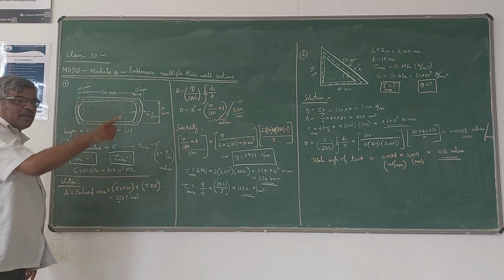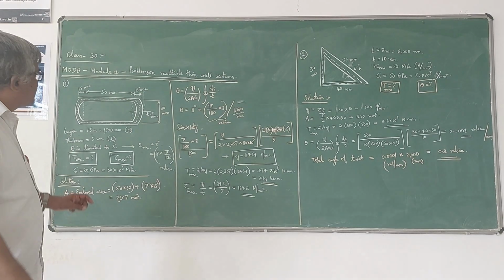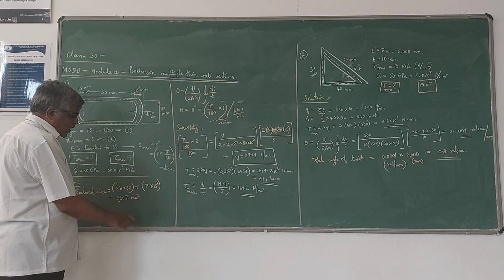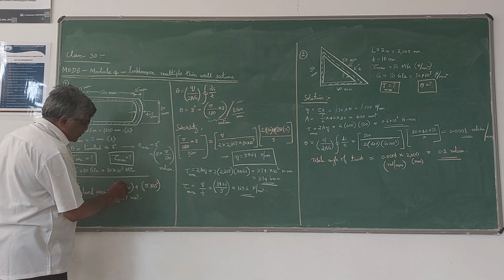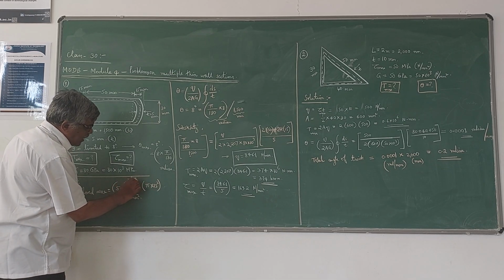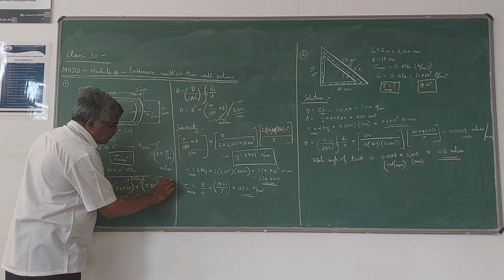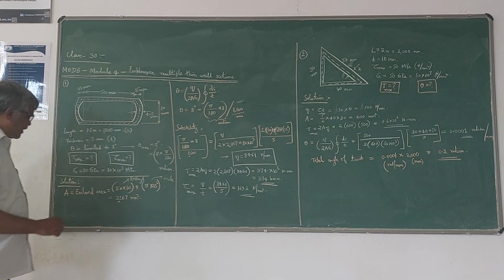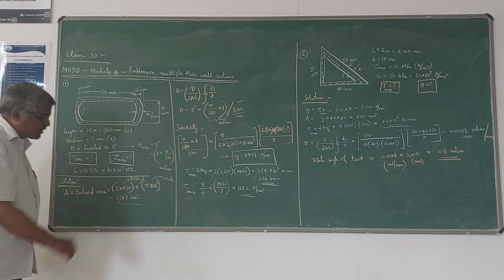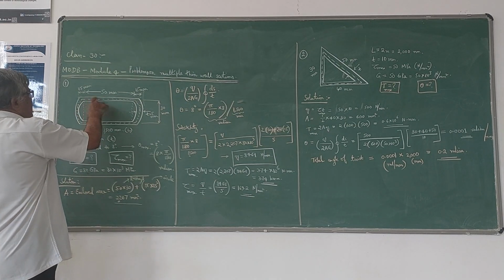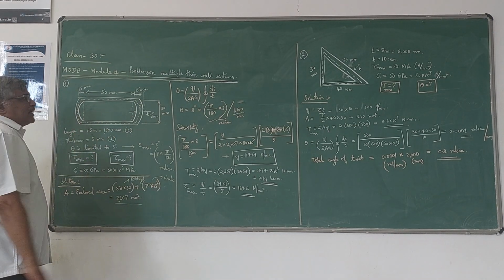One full circle will be pi r square, and here the radius r is 15 mm, so pi into 15 square. If you add these two, you get the total area as 2207 millimeter square. That is the enclosed area within the center line.